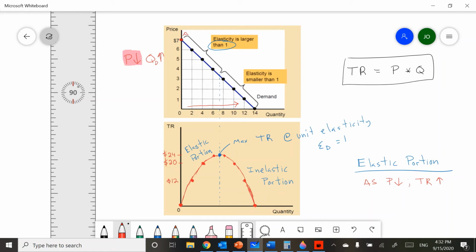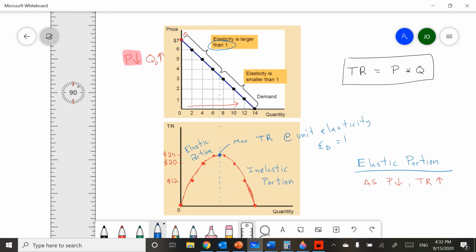Here, we have a situation where this product is particularly elastic on this portion of the demand curve, meaning that if you decrease the price, it will more than likely attract more customers, more sales. So you're going to see an increase in total revenue. The decrease in price will attract more sales.